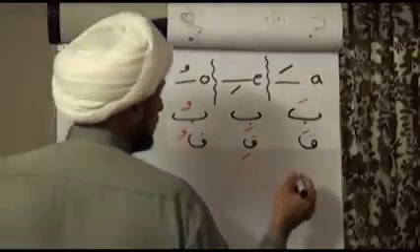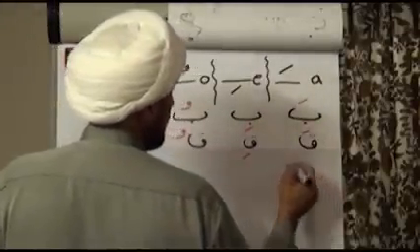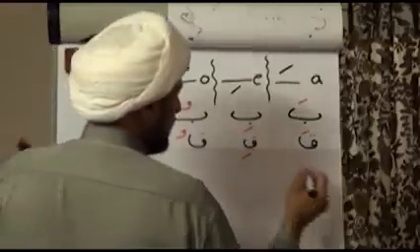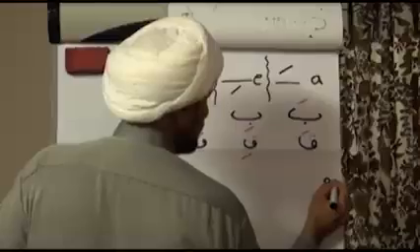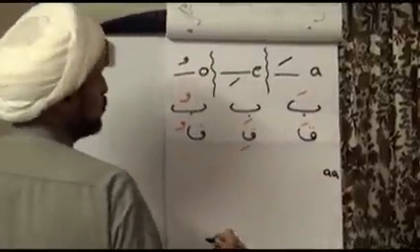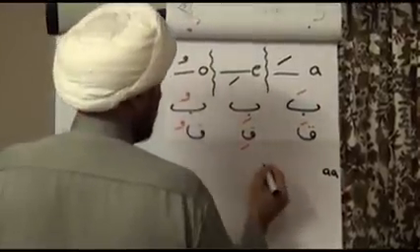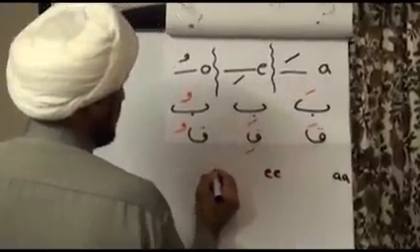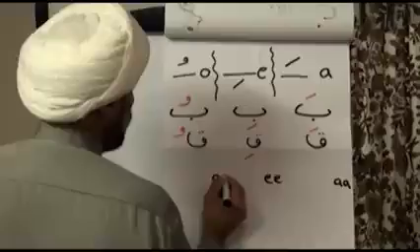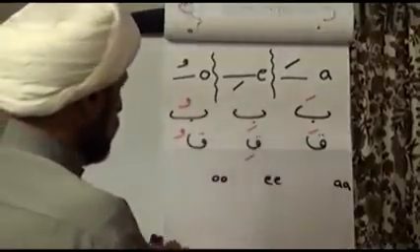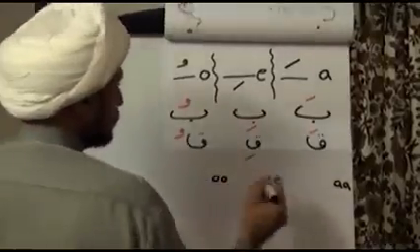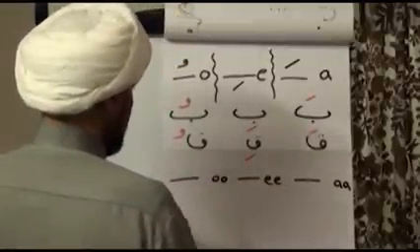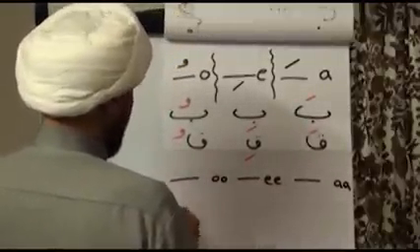Remember both letters, if we want to connect it, we have to cut the tail. Now before that, long vowel a is like two a's, aa. And long vowel e is like ee. And long vowel o is like oo. Again, we have above the letter, below the letter.